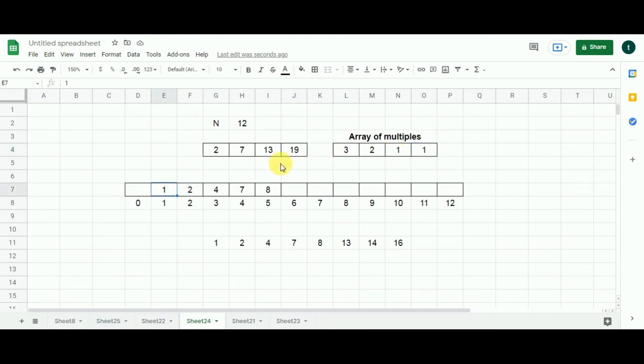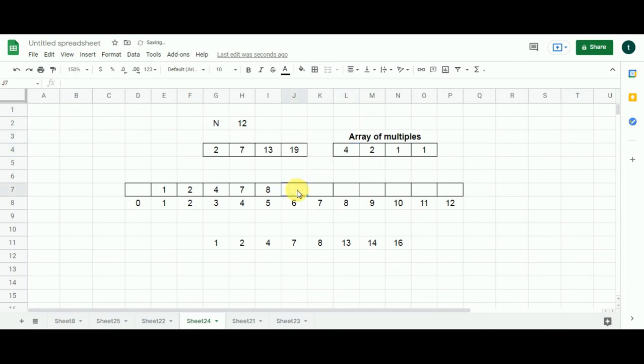So 19 multiplied by 1 is going to give me 19. 19 is also not less than 8, so I eliminate 19 and 8 stays. Since we have got this super ugly number from 2, we are going to increment the value in the corresponding cell by 1. So this 3 becomes 4 now.